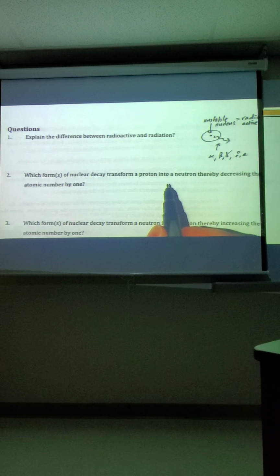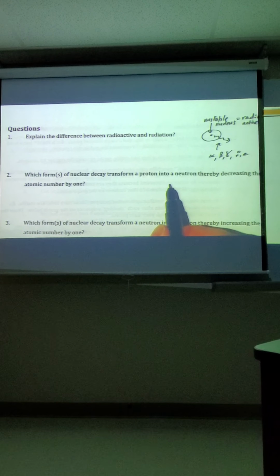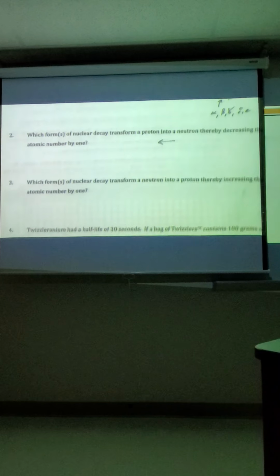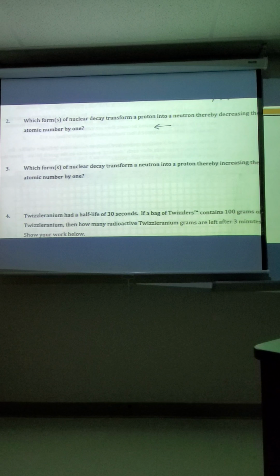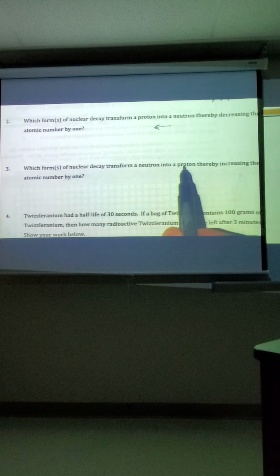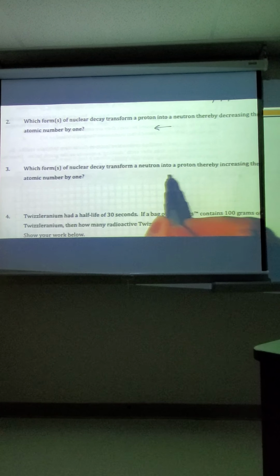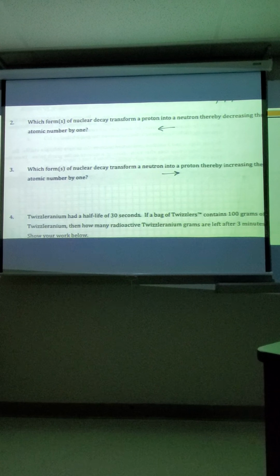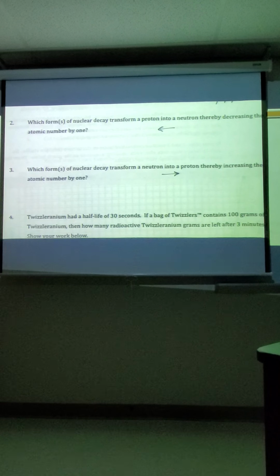So think about the ones, in this case, 2 of them. They're going to take you left in the periodic table. And number 3, they say who forms a neutron into a proton. So if we're forming a neutron into a proton, now we're gaining an atomic number. That should move us to the right. There's only one that can do that. In both cases, the mass will stay the same.